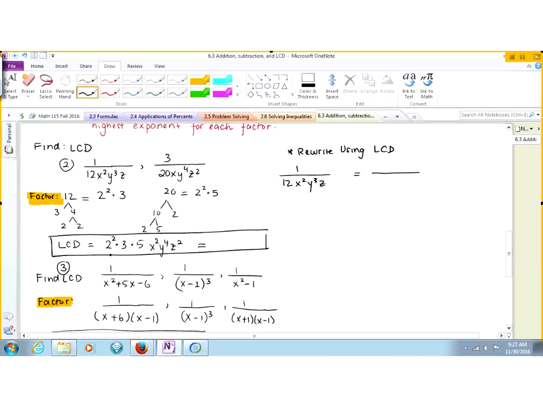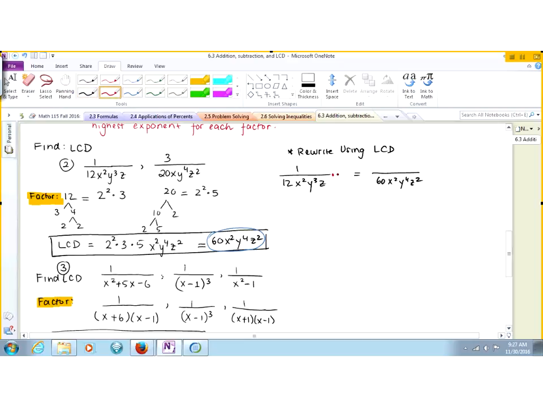We didn't finish this. What is this? 2 squared times 15. 4 times 15, is it 60? 60x squared y to the 4th z squared. I'm sorry, I didn't finish this part. So 60x squared y to the 4th z squared, right?